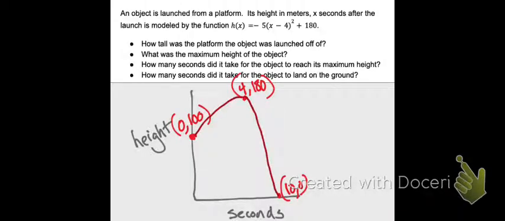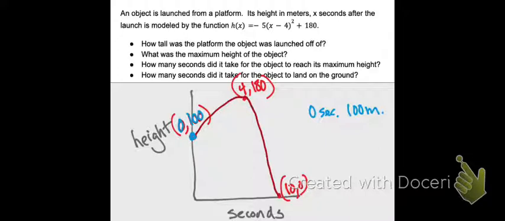So let's read each of these points to get a better understanding of what they're saying. Remember, the x is seconds. So what this point is saying is at 0 seconds, and the y is height, the height is 100 meters. So at 0 seconds, that's 100 meters off the ground.